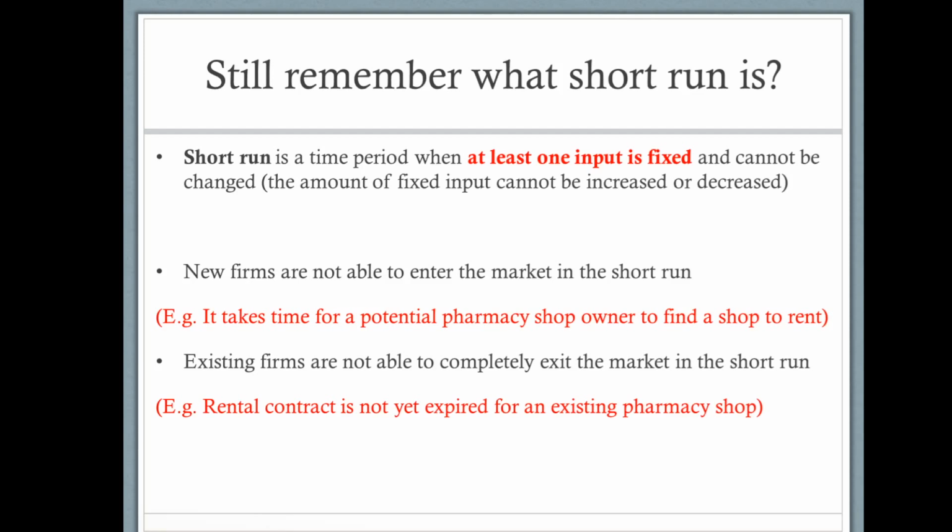The new firms are able to enter the market, and the existing firms are able to completely exit the market. So that is the difference between the short run and the long run. It is a conceptual idea, but this is the difference you will see.